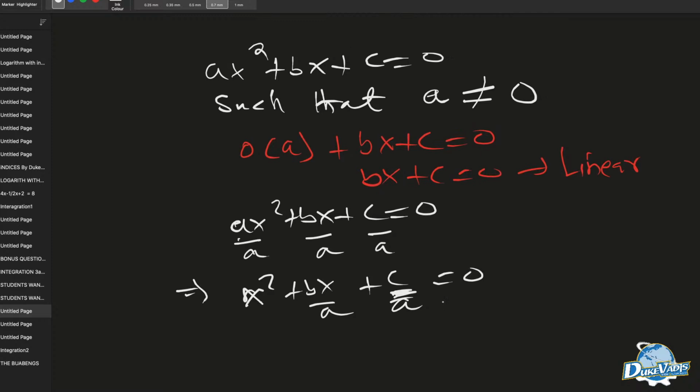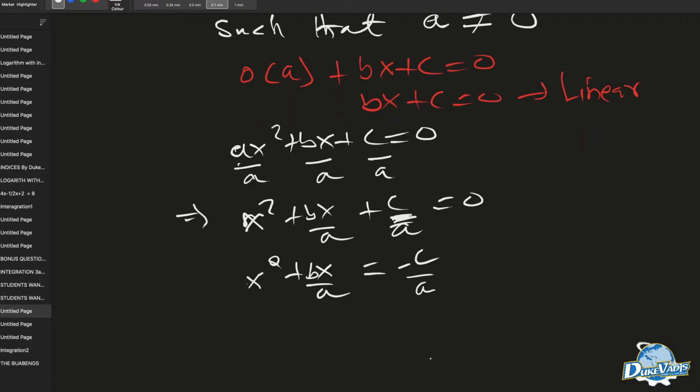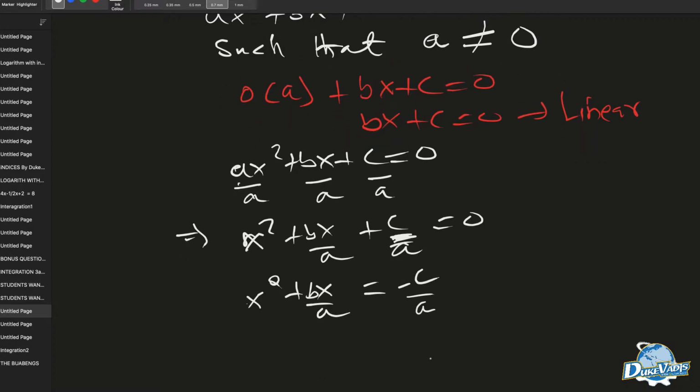Once again we can write it as x squared plus bx over a is equal to negative c over a. What have we done? All we have done is shift c over a to the right hand side of the equation. That is why we have it equal to negative c over a. But that is not the end.